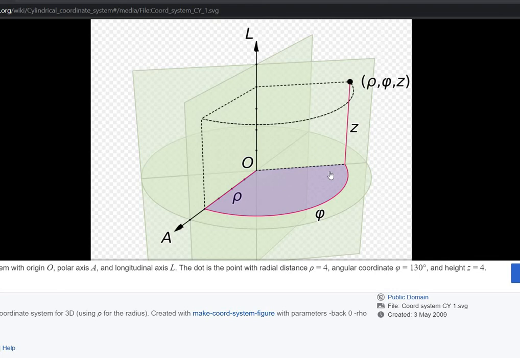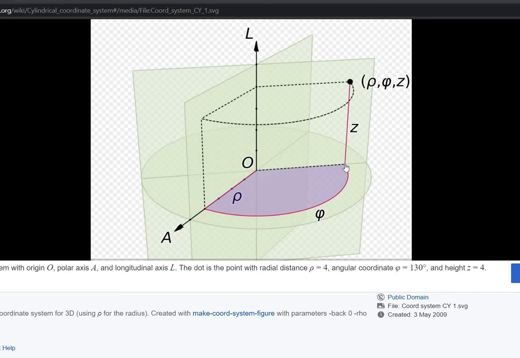This distance is actually rho. And how can you find this angle? The angle from the x-axis is calculated as phi. So this is the radius and this is the angle in the xy plane.